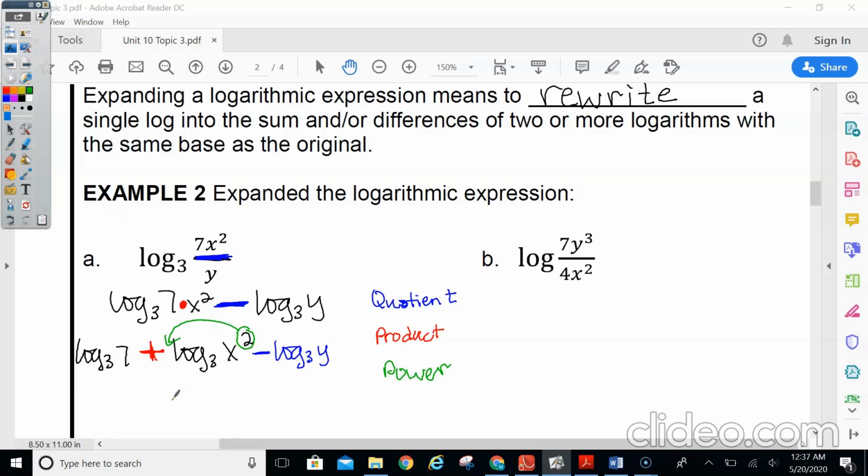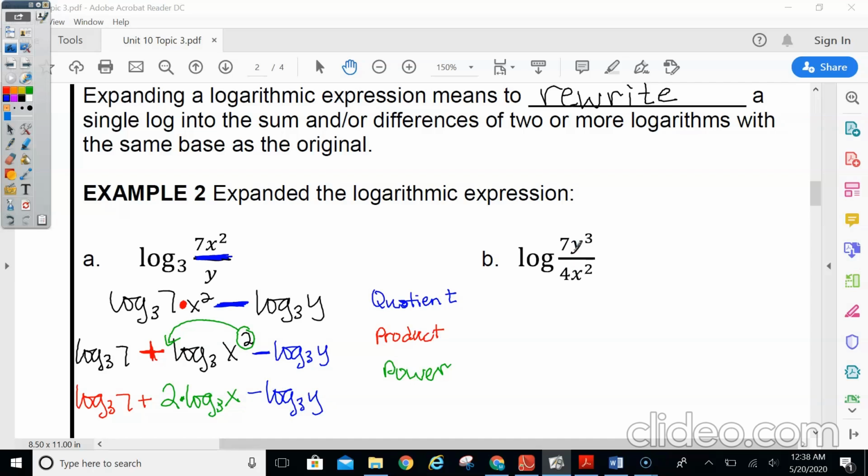So this one is going to end up being 2 times log base 3 of x. But this part's still the same, log base 3 of 7 plus this one, and then this part's still the same, minus log base 3 of y. Right, so as long as there's no products or quotients inside the log, you're done.